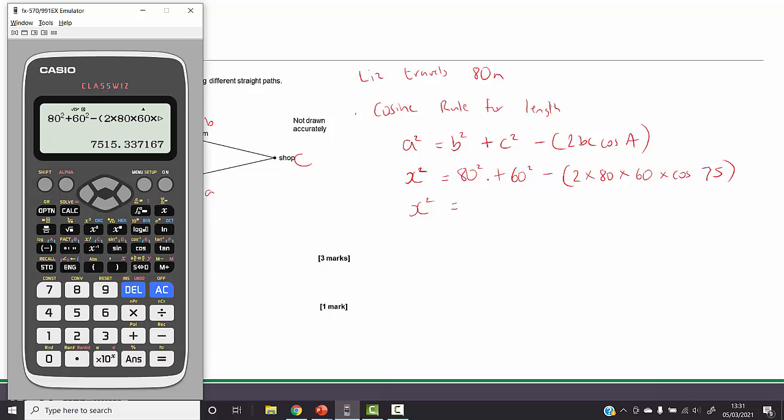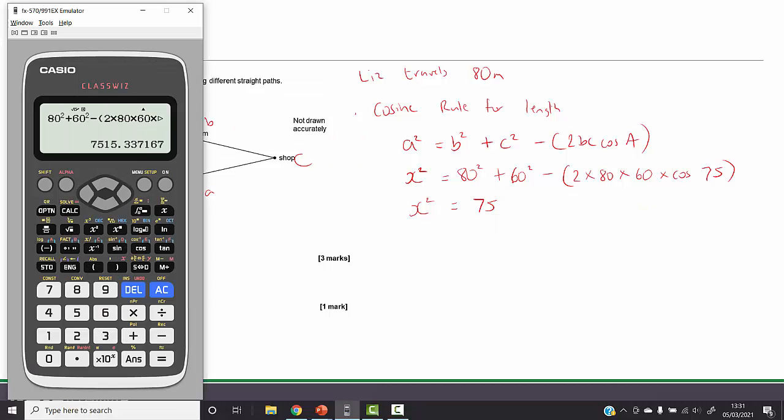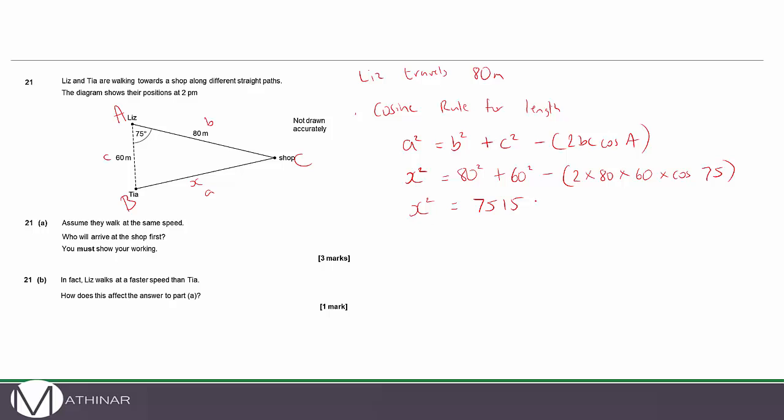Equals. So x squared is 7515. And that's the value of x squared. Remember, we need to find x. So to get x from here, we are going to square root the answer. So 7515. And again, remember, use the full answer on your calculator.